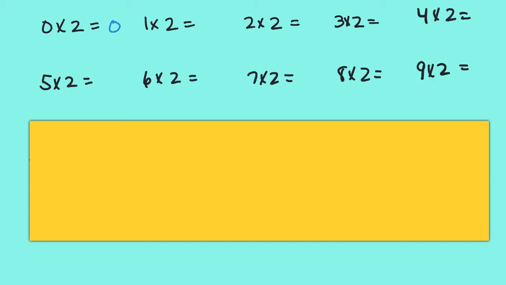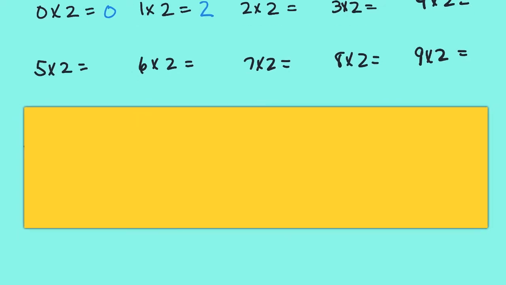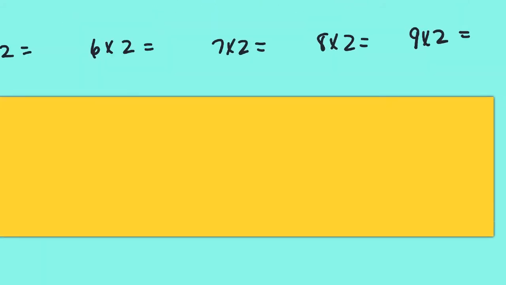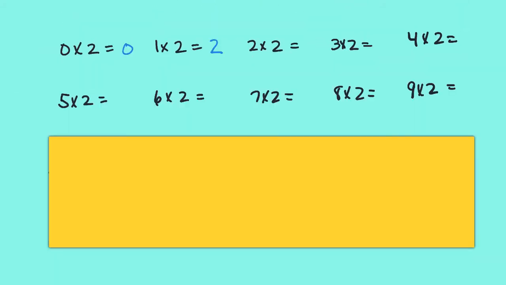And if we had 1 group of 2, we would have 2. Let's continue. If we had 2 groups of 2, we would have 4. If we had 3 groups of 2, we would have 6. 4 groups of 2 would be 8.